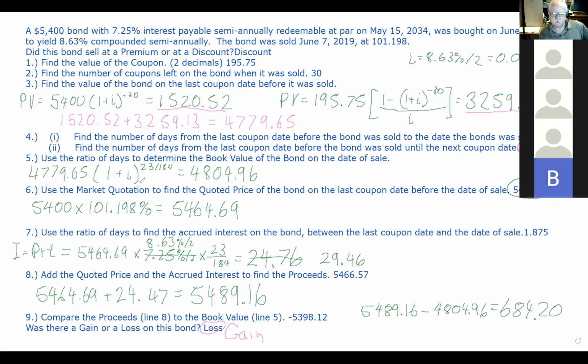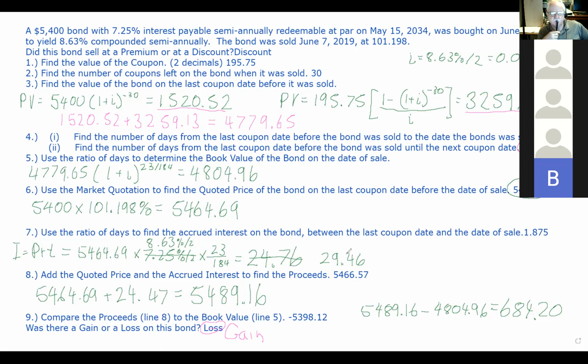I can't figure out what we've done wrong here, but somehow we're not getting the answer that they're getting. Principal times the rate, 7.25.